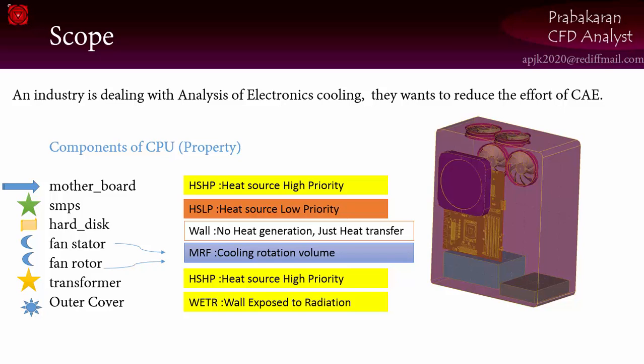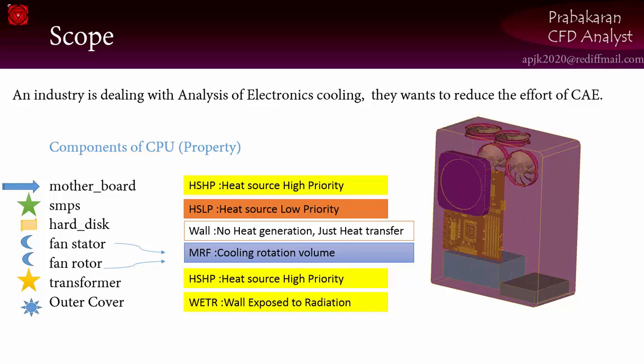They are changing everything from one place to another between the models, and based on the CPU capability, they may have 8 fans or 10 fans, and 2 boards and 2 hard disks. These are the things we commonly encounter in electronic cooling.